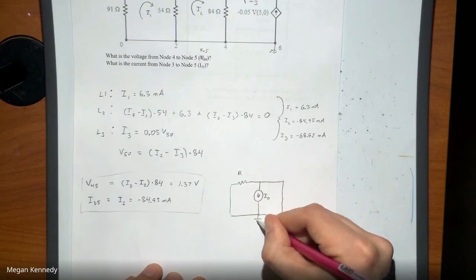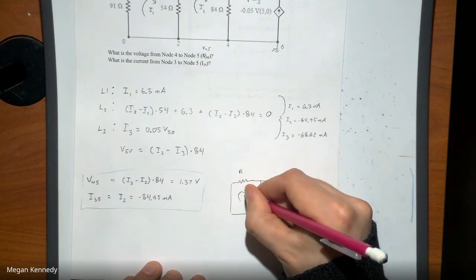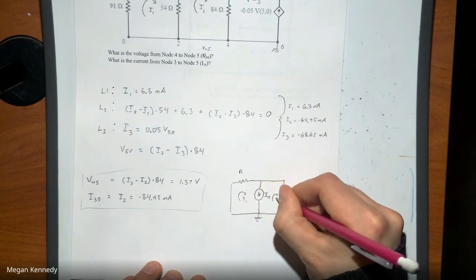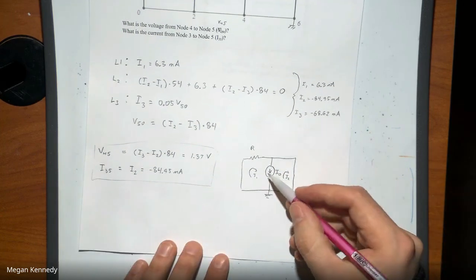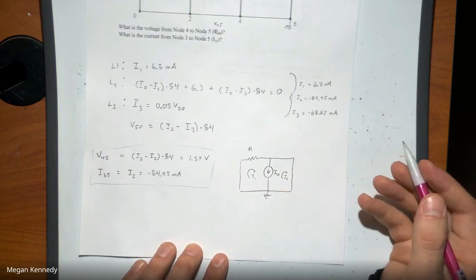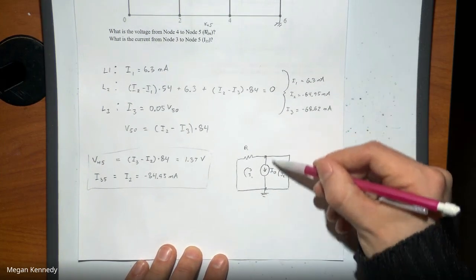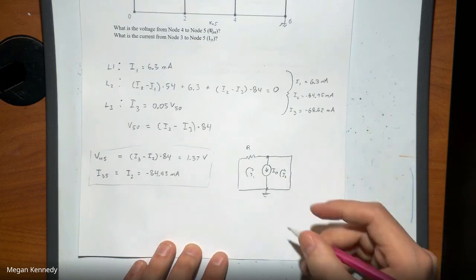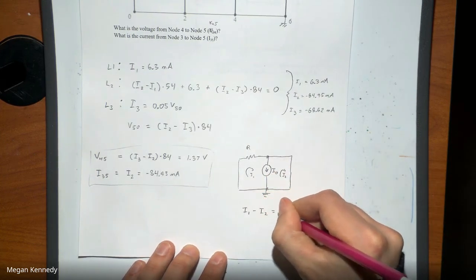So if we were to do mesh current on this system down here, if I said that this was I1 and this was I2, our first equation, if we wanted to concern ourselves with that current source, is that the current moving from this node to this node is equal to I0. So that will be I1 minus I2 equals I0.